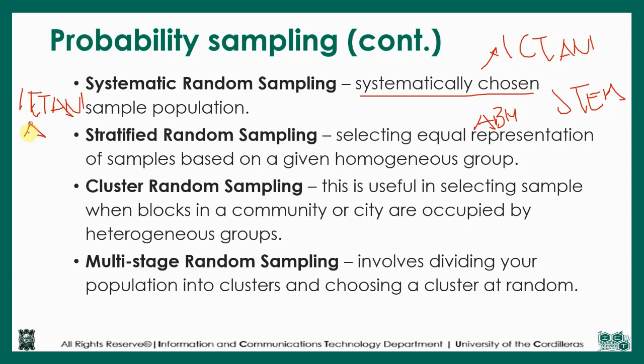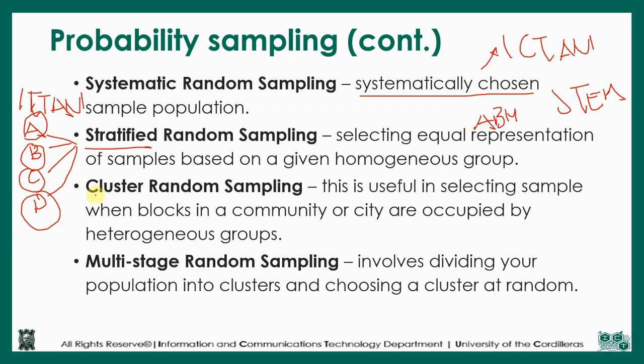So we have 4 sections: A, B, C, and D. Stratified random sampling will try to make sure that you get an equal number of representatives from these 4 sections, A, B, C, and D. So this allows you to make sure that you at least have equal representation from the different groups or the different categories from your population.